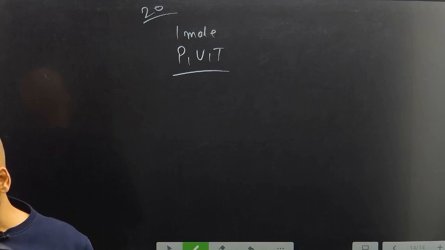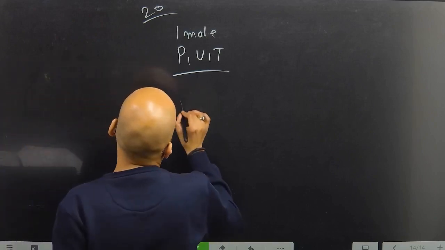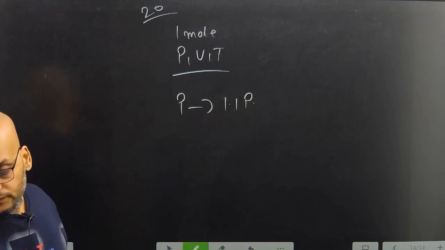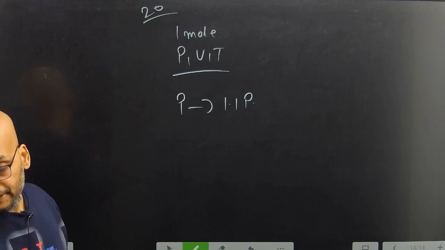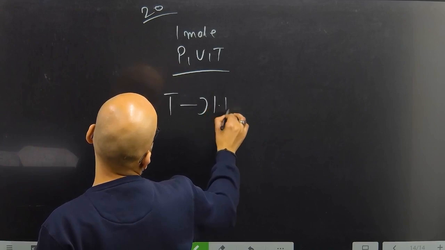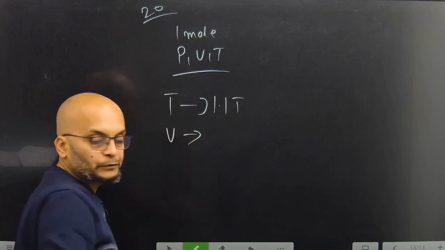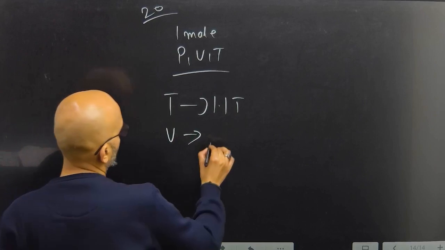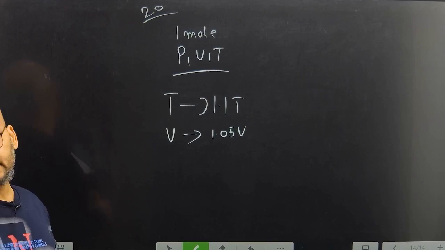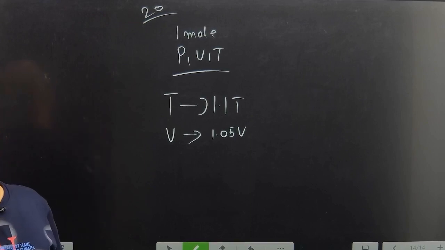If the temperature rises to 1.1 T, volume is increased to 1.05 V. Not pressure, temperature they are saying. Temperature is increasing and volume increases, then the final pressure will be, such an easy question.